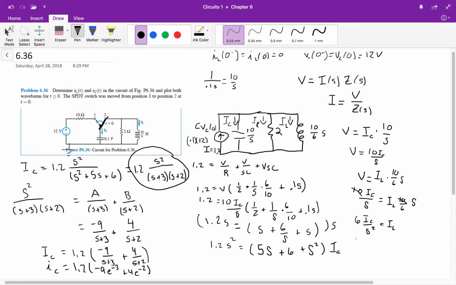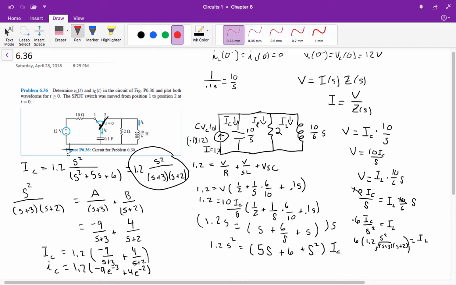So 6 times 1.2 s squared over s plus 3 times s plus 2, and there's also an s squared here, so there's an s squared from here, and there's an s squared from our IC, equals IL.